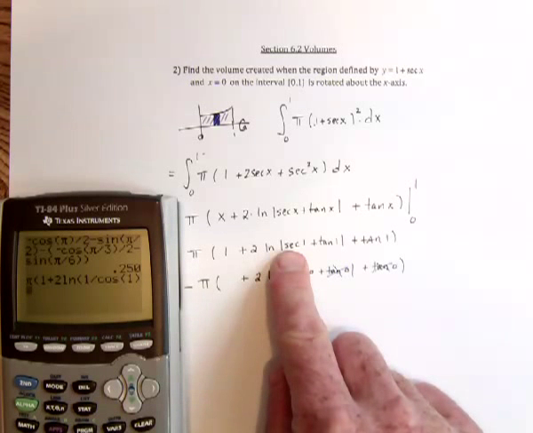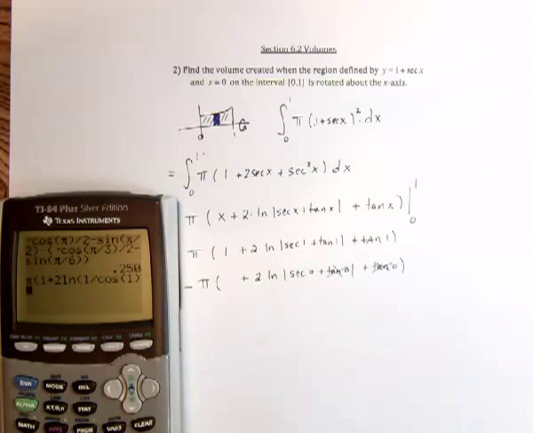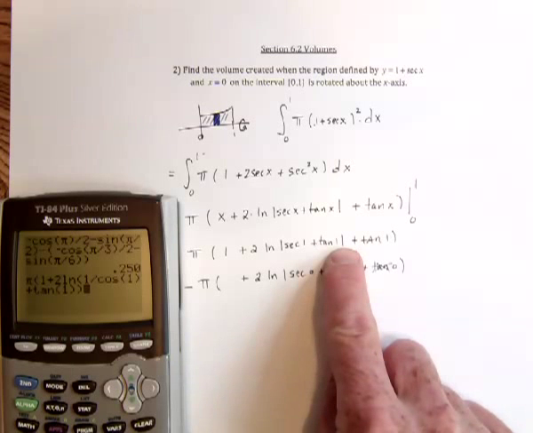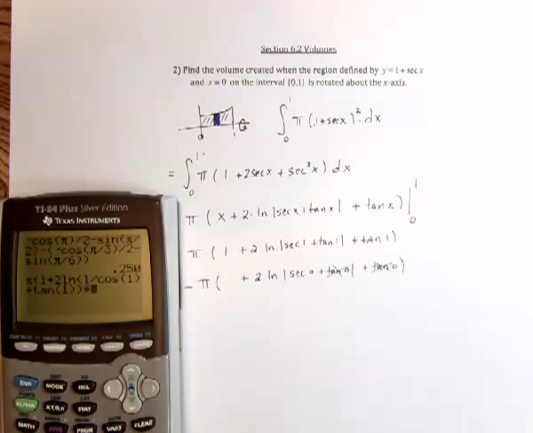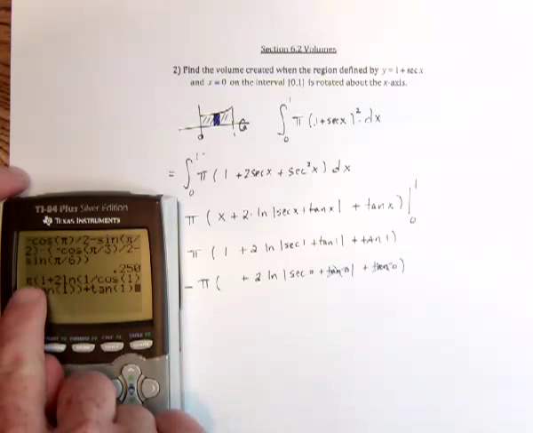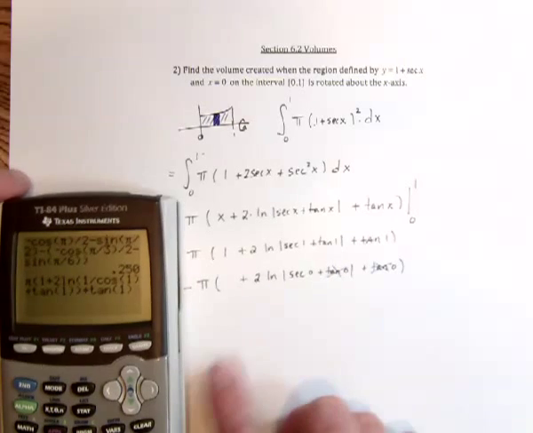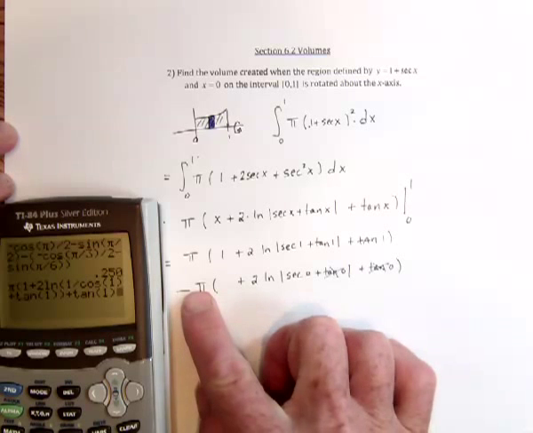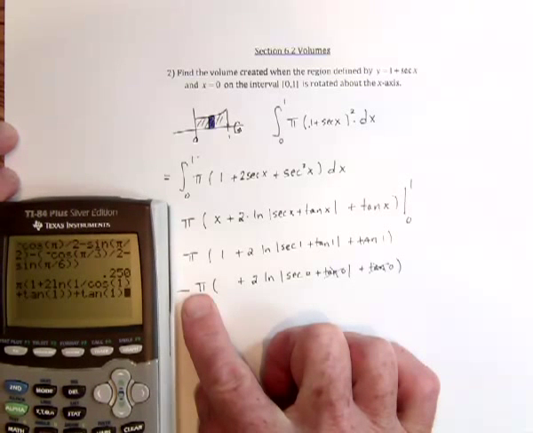So that's that one right there. And then plus tangent of 1. And then close the parenthesis for natural log. So we're up to that right there. And then plus the tangent of 1. And they both have pi, so I might as well just factor these pi's out to the beginning.